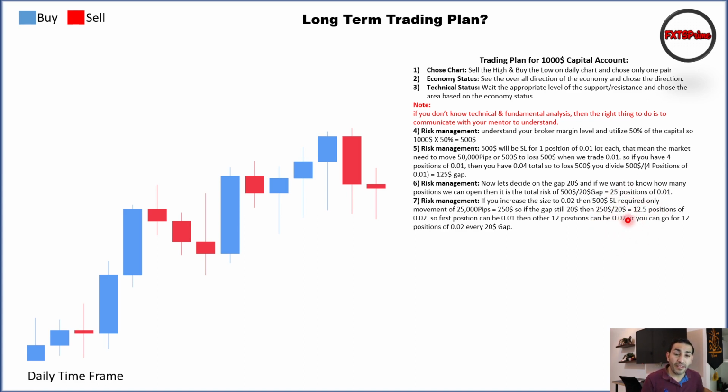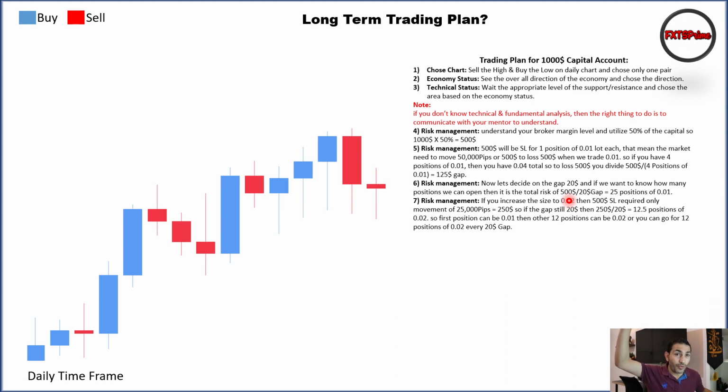Then I will end up having 12.5 positions. So how can I trade 12.5? Well, 0.01 is half of 0.02. So I can place my first order of 0.01 and the remaining 12 orders of 0.02. So this is how you're going to size your trade.